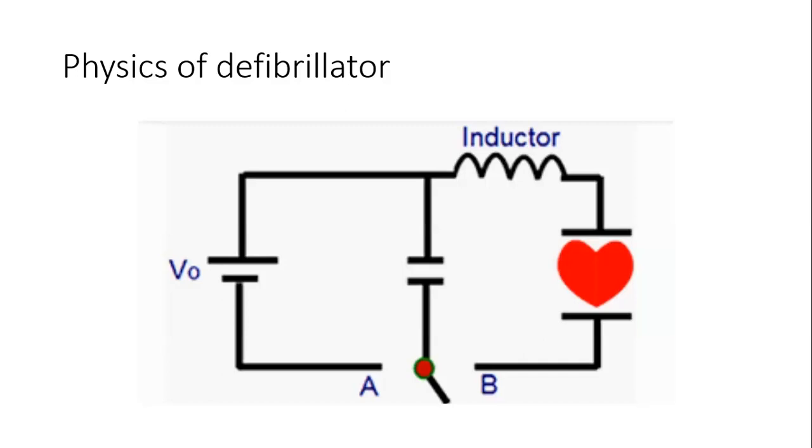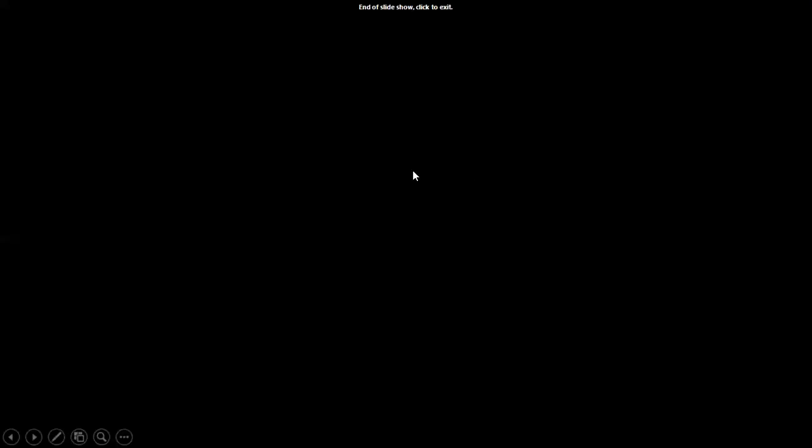Any questions before we close the session? Yeah, sorry, Doc, I just have one question. How do we differentiate between a PVC and a premature atrial contraction? I'm not clear on that one. Let's go up to the next slide.